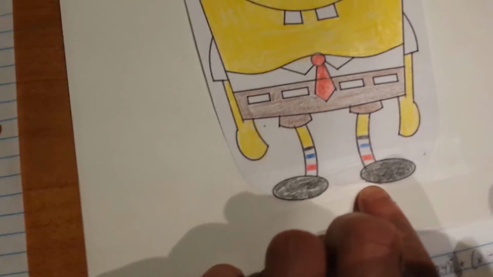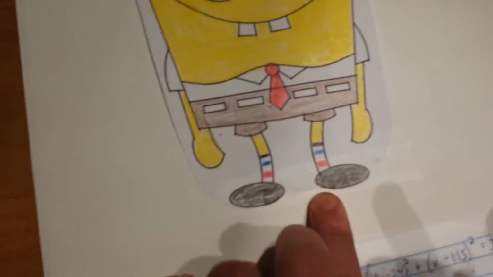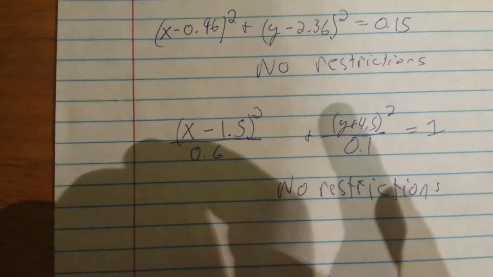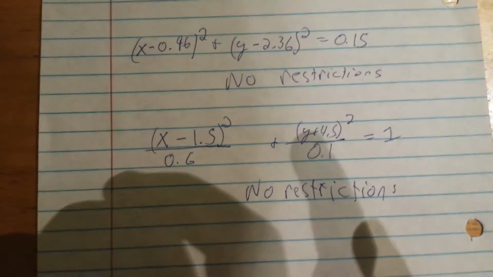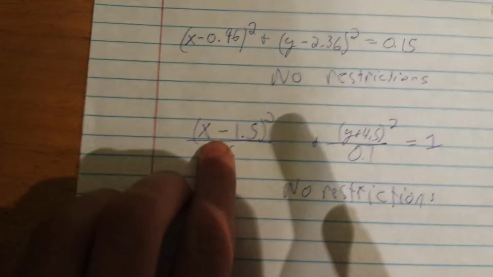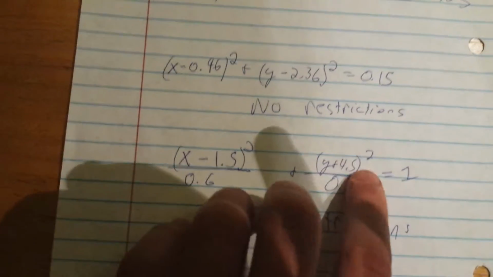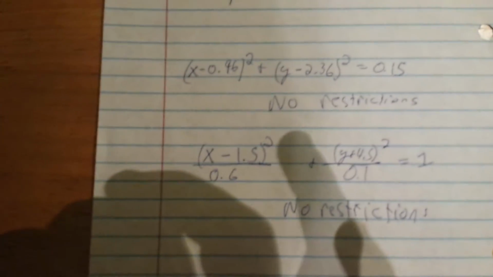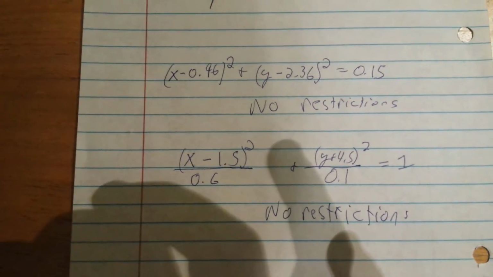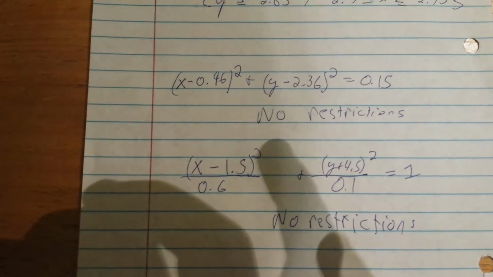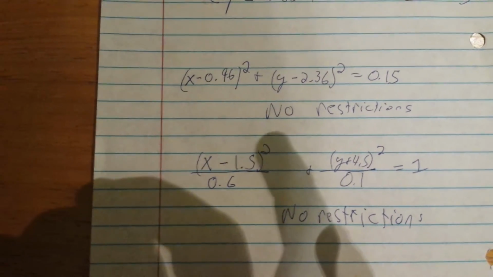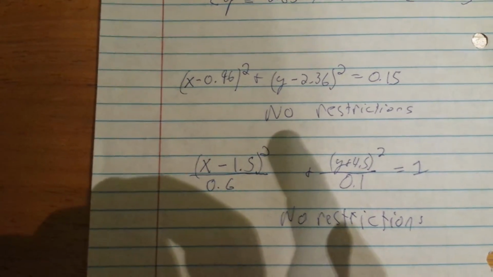My next equation is an ellipse, which makes up the SpongeBob shoe right here. For this one, I started out with the equation x squared over 1 plus y squared over 1 equals 1. Then I subtracted 1.5 here and added 4.5 here in order to put it where it should be, where his shoe is, because the center for the ellipse is 1.5 comma negative 4.5.